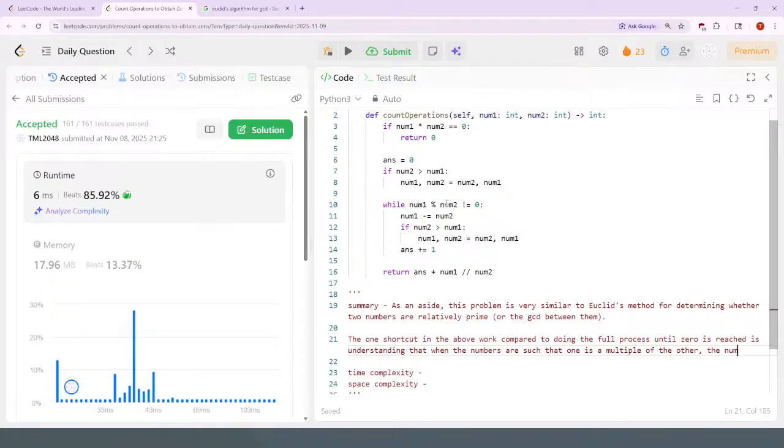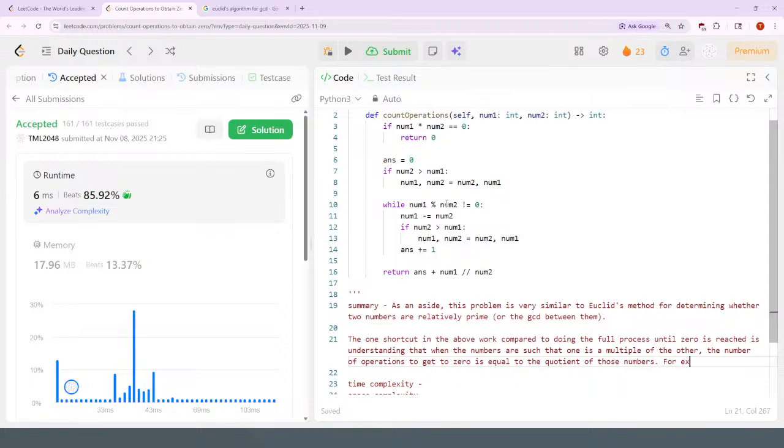the number of operations to get to 0 is equal to the quotient of those numbers.